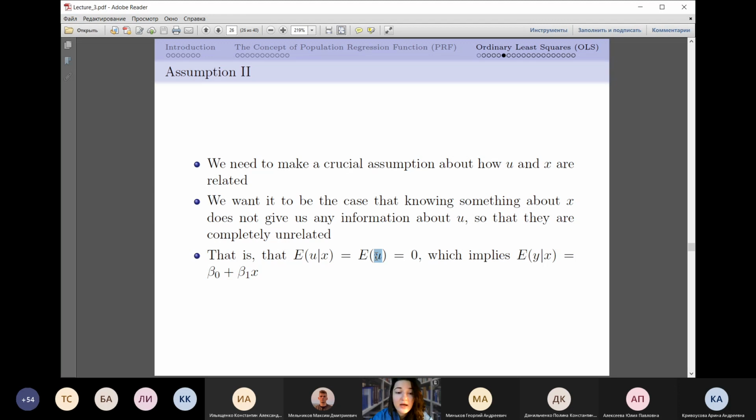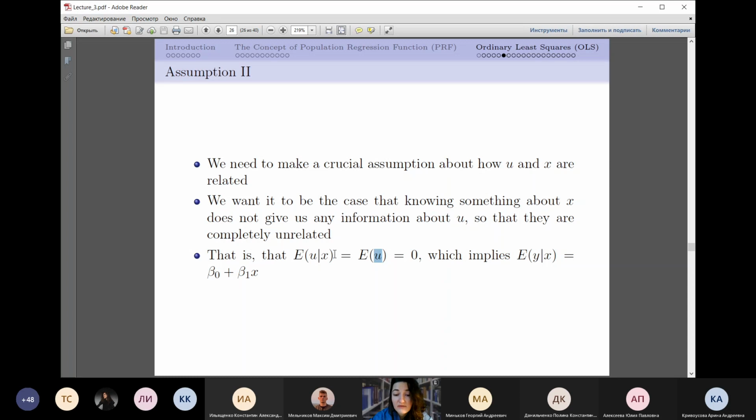It's really very hard to include and to measure innate ability in our model. So let's say that these innate abilities will be in the error term. So this assumption means that the average level of innate abilities will be the same regardless of years of education.